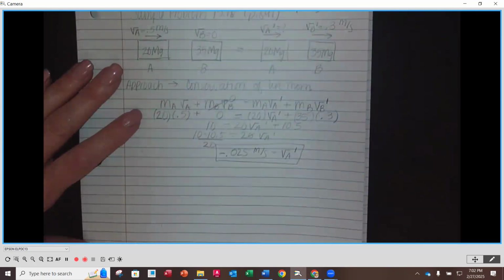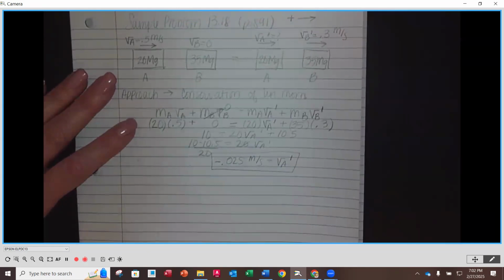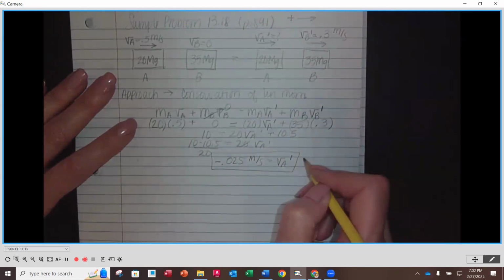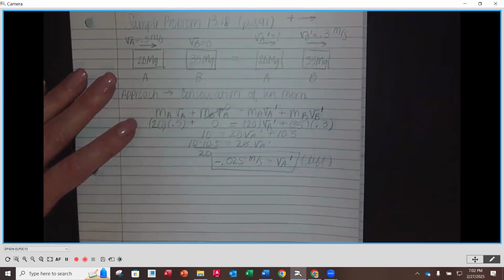That is the same case here. So in this case, it means that it is going to the left, but we're going to leave the negative because when we use it down in the coefficient of restitution, we need to account for that negative value because it's going opposite direction of the other items. So we're going to leave it, but all this means is that it's actually going to the left instead of to the right.